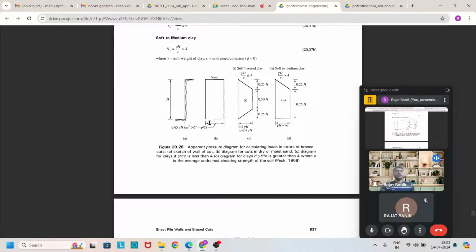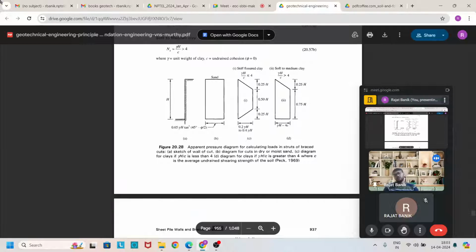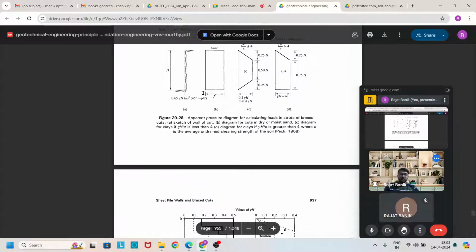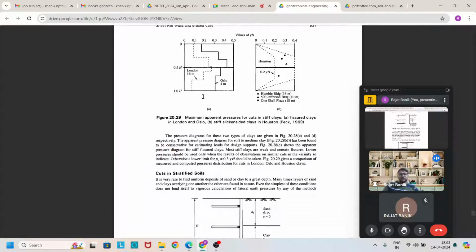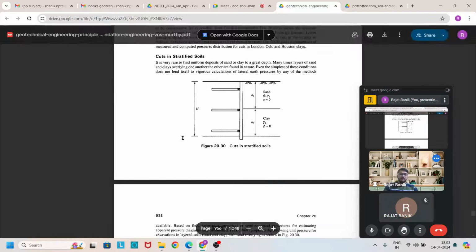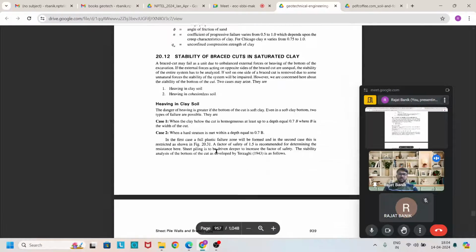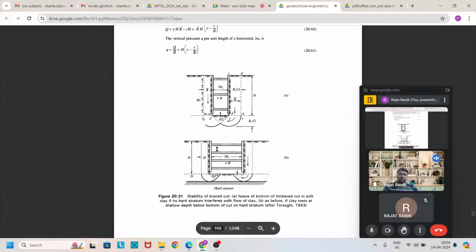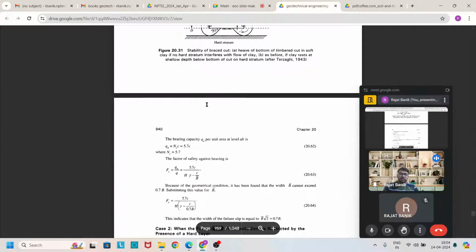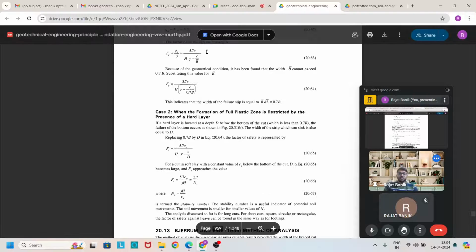So based on this diagram, we solved some problems in previous classes. Please go through it. We solved this question very easily. No need to discuss here again. So I think we already covered almost all the things in this lecture series.